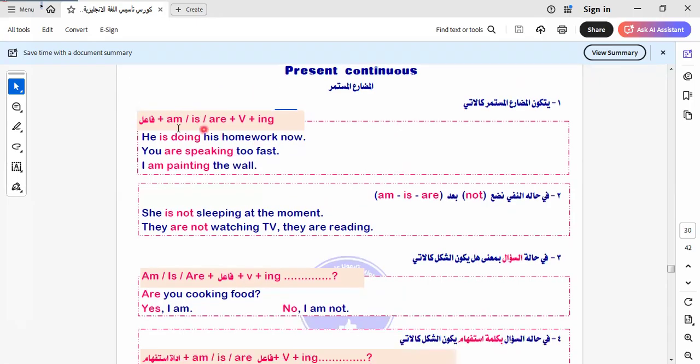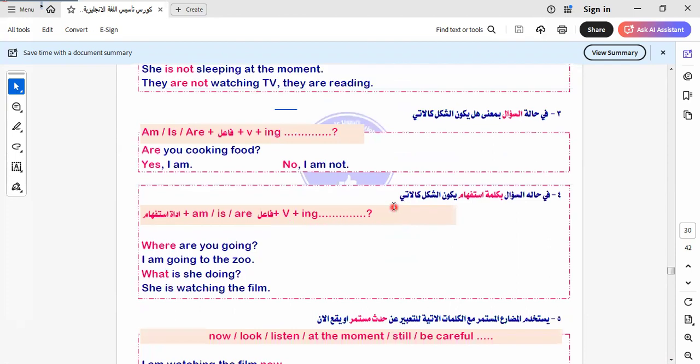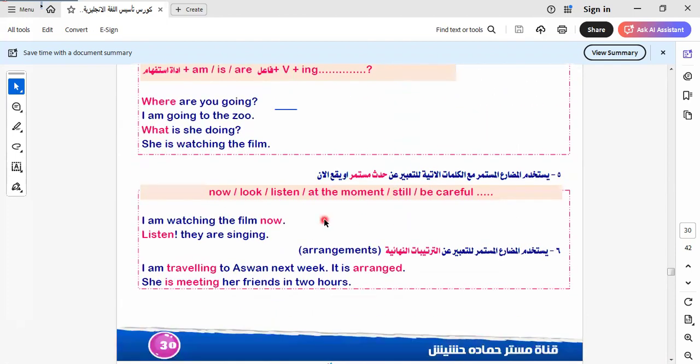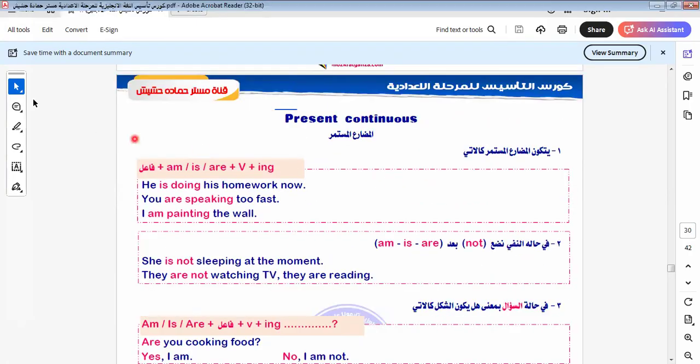The formula of this tense is am, is, are plus verb plus ing. This is the formula of the tense. What are the keywords of this tense? It will be now, look, listen, at the moment, still, at this moment, today. All these are the keywords that express the action is happening now. Okay.